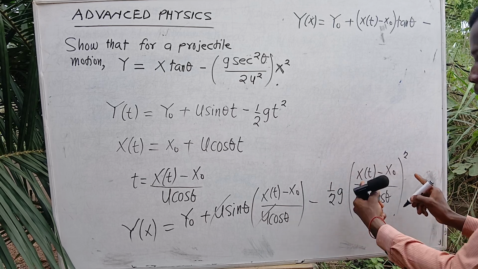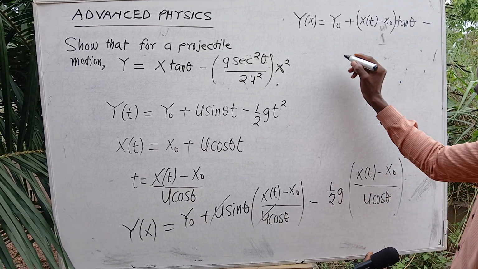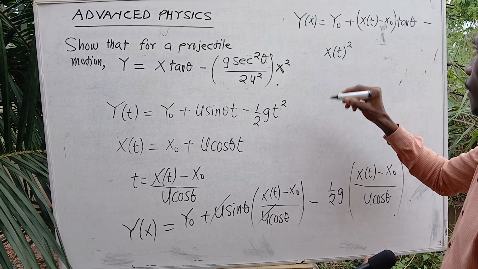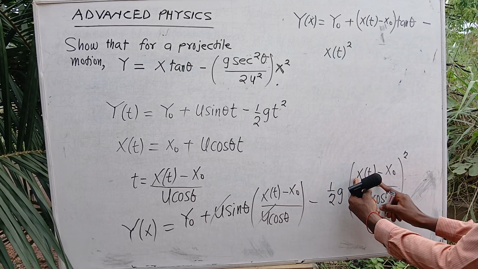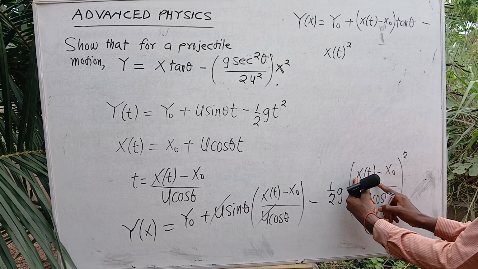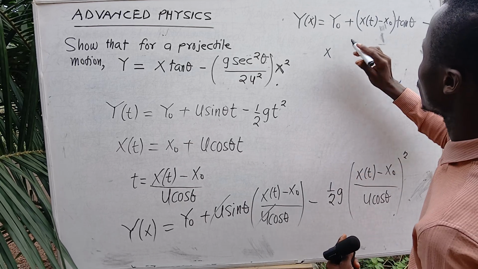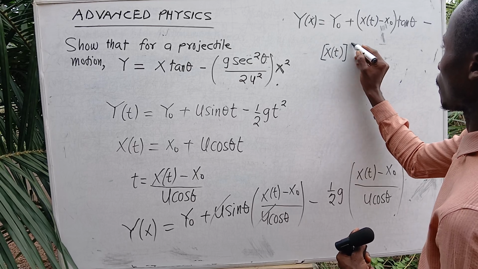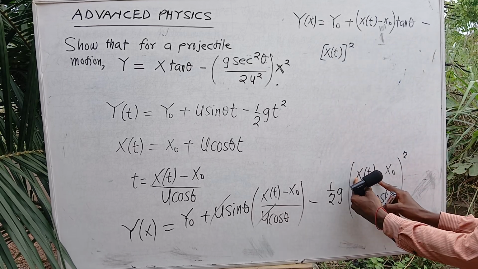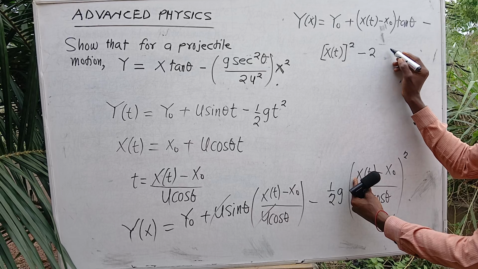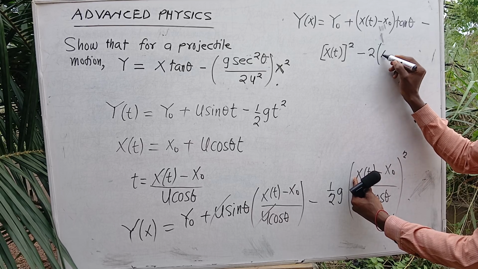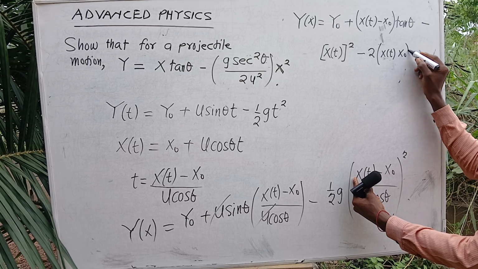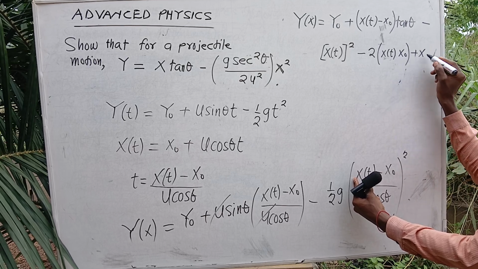Now squaring everything, we have x of t squared, that is this quantity squared. In other words, this x of t function is squared. So the whole of this is squared minus 2 times x of t times x naught plus x naught squared.